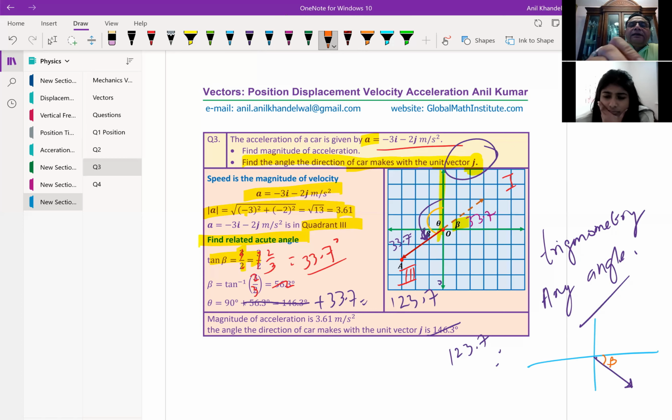And if you have to find the angle from the y-axis, then it will be how much? 270 minus beta, because this is 90. Get the idea? Then it will be 270 minus beta. You have to be careful. Depending on where you are and which angle you have to find, it could be a different thing. It is not always 360 minus theta. Is that clear to you?